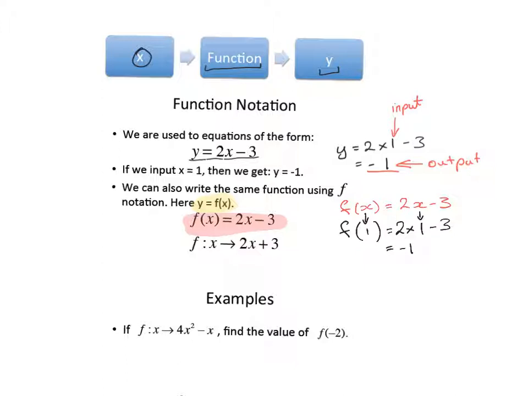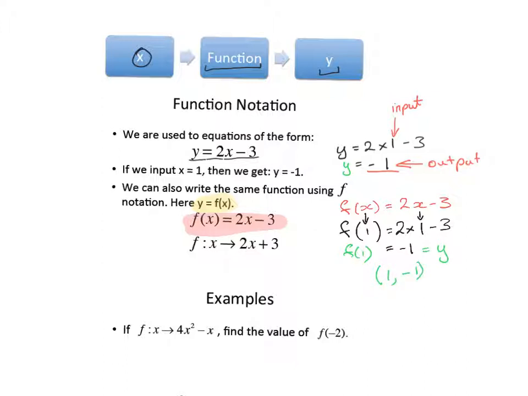And notice that back here, y was equal to negative 1, whereas here, f of 1 equals negative 1, but that is the same as y. f of 1 gives the y value of the coordinate, so all of that corresponds to the coordinate. x is 1 and y is negative 1, so if you were plotting it, that would be the point you would plot.